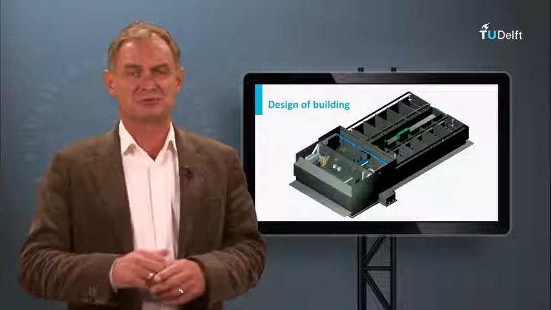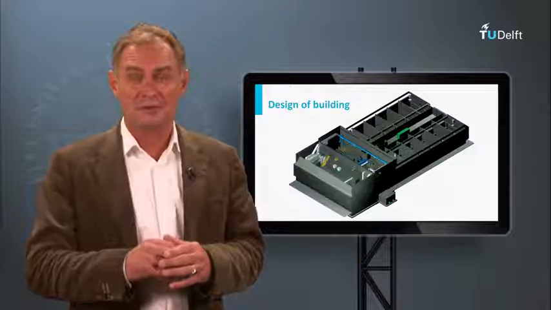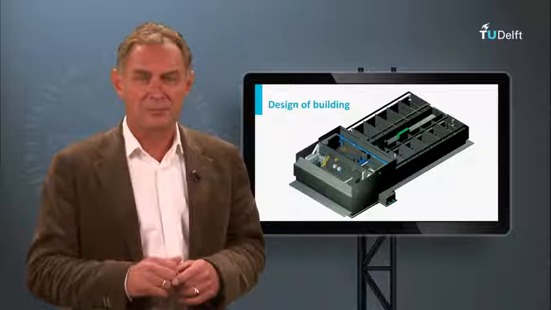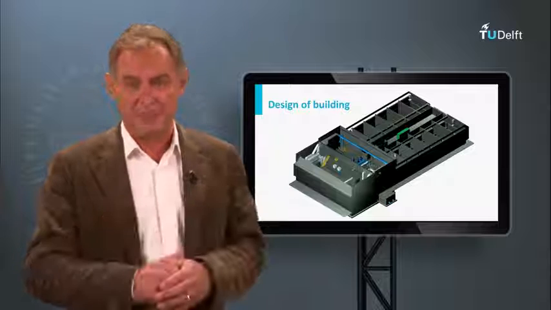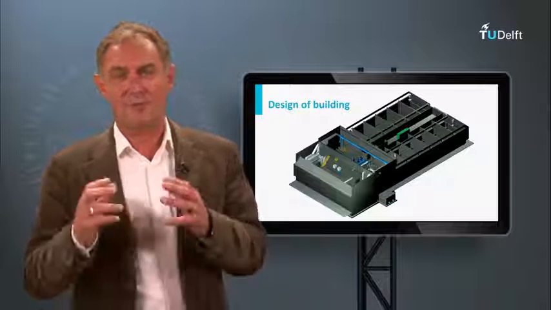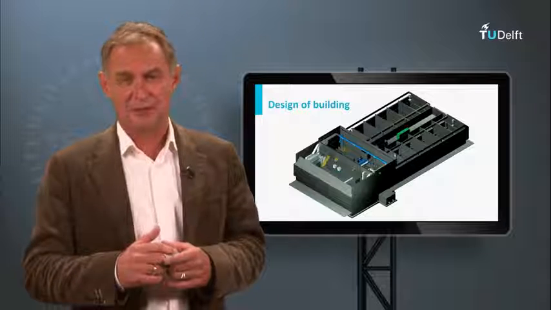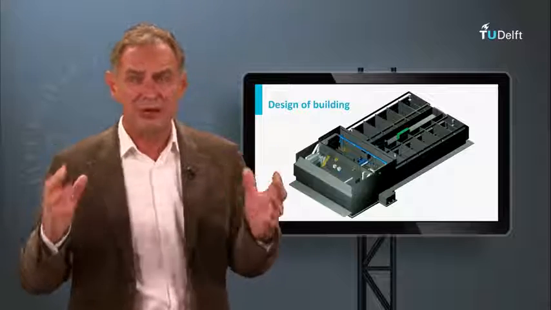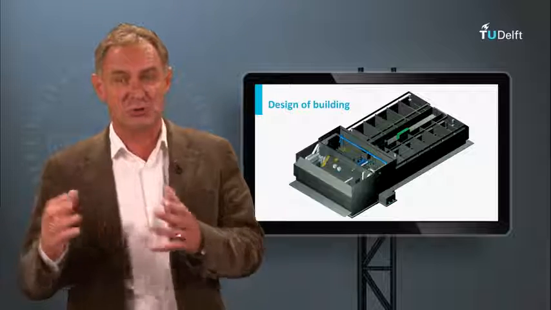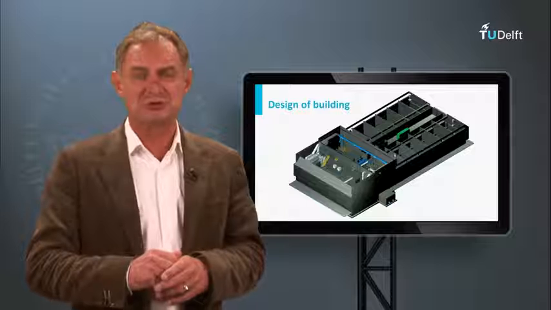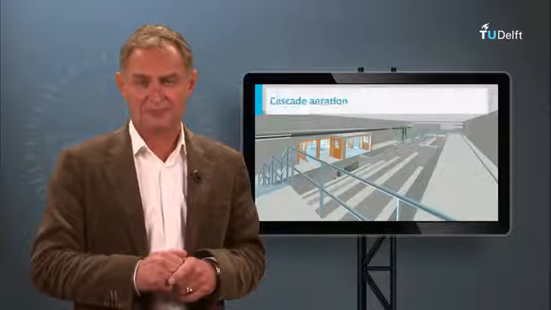Finally, the treatment plant must be positioned in a building. The building must be compact to diminish investment cost, but the treatment process pumps and valves must be accessible for maintenance and repair. For operation, the layout of the building should be clear and logical. In the cross-sections, it becomes clear what the functional design of the treatment building is, where storage of chemicals, for example, is situated, and how maintenance and repair can be performed.